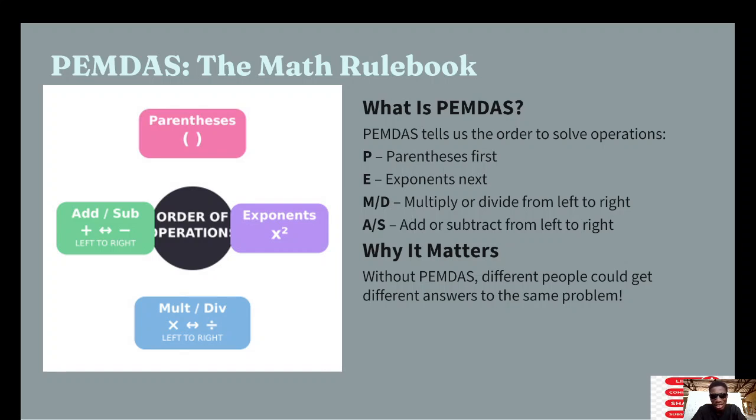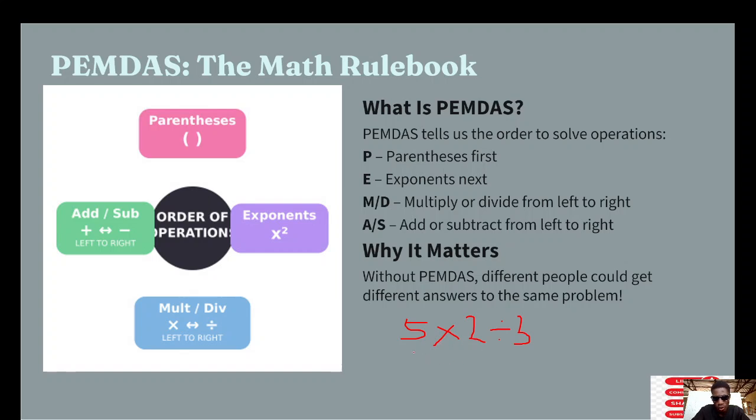So if we have something like 5 times 2 divided by 3, you move from left to right.